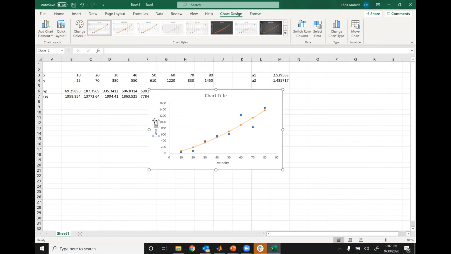And here we calculate some sort of force. Okay. And then we could add in a chart title, velocity to force relation.